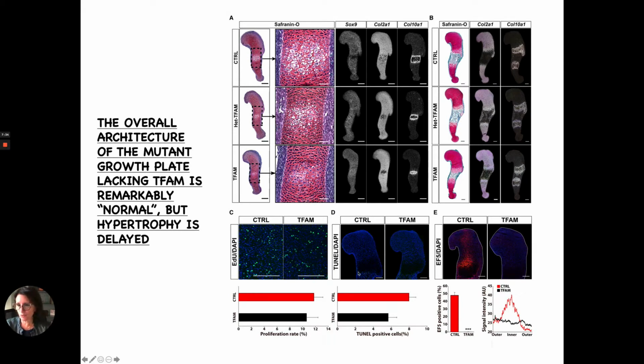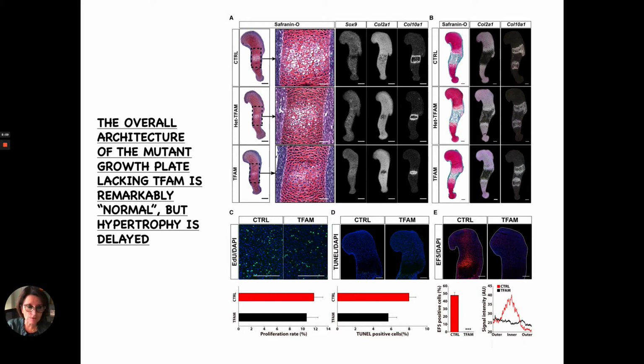So lack of TFAM does not alter the overall growth plate structure, does not alter proliferation rates, does not alter physiological death, does not cause any ectopic death, just delays in a modest manner hypertrophy, that is the terminal differentiation stage, consistent with the notion that mitochondrial respiration is more critical for terminal differentiation than for proliferation.